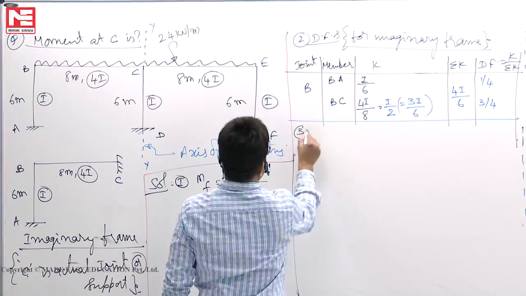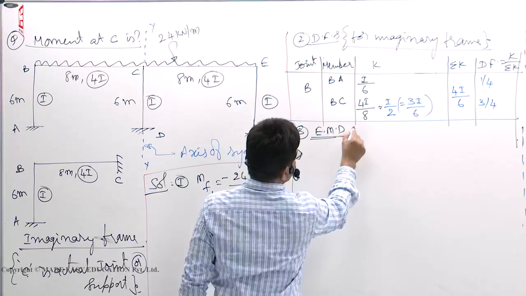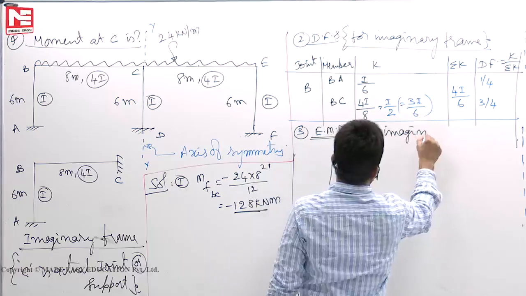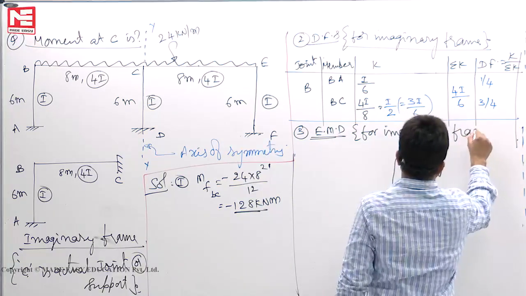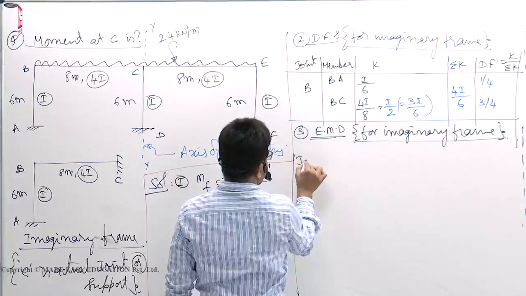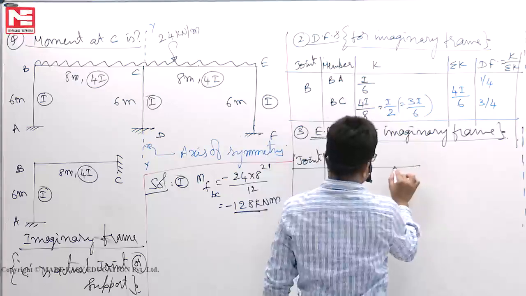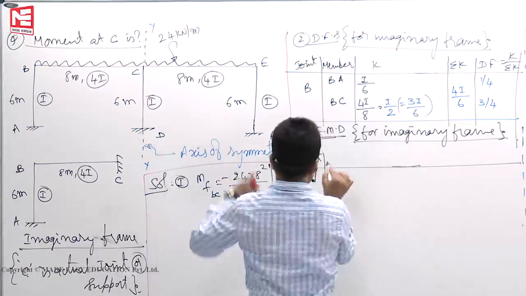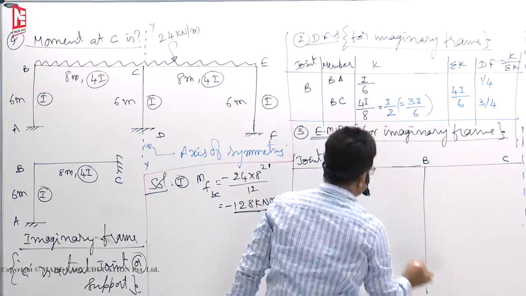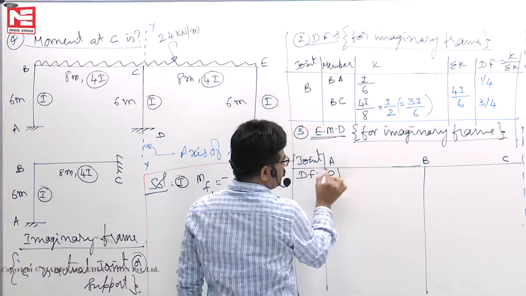Next, the third point is EMD, end moment distribution, for the imaginary frame. So again, joint A, B, C, then distribution factors. Here it is 0 because it is a fixed support.